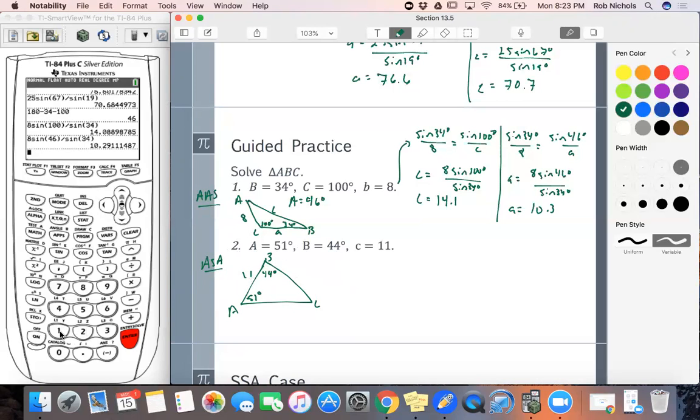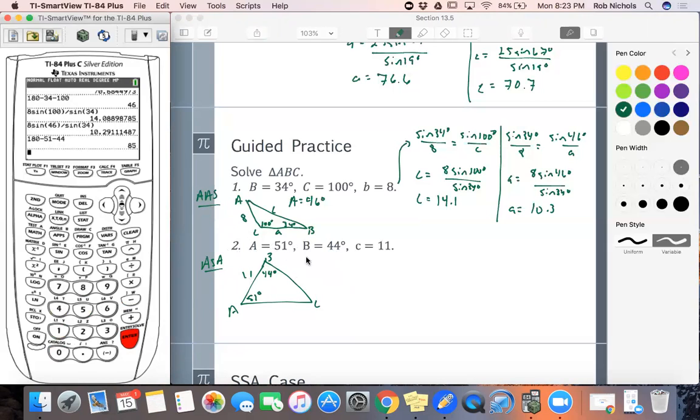All right, immediately let's find the third angle. So 180 minus 51 minus 44. So angle C is 85 degrees. All right, and that tells me how I can set up my first ratio.